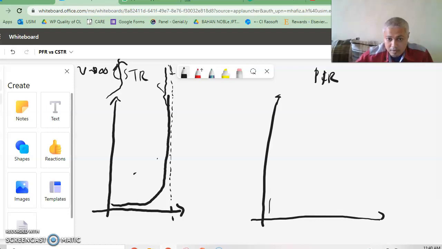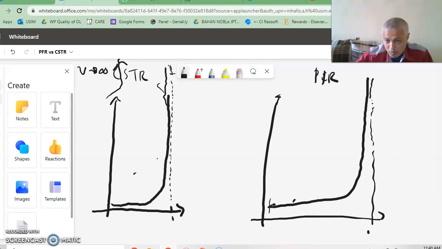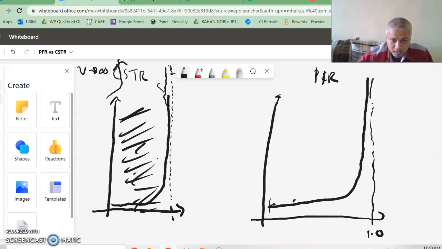How about PFR? This is our PFR, the same condition. So this will become the limit at 1. Just now we had this as a square or rectangle; for PFR, this will be the volume.